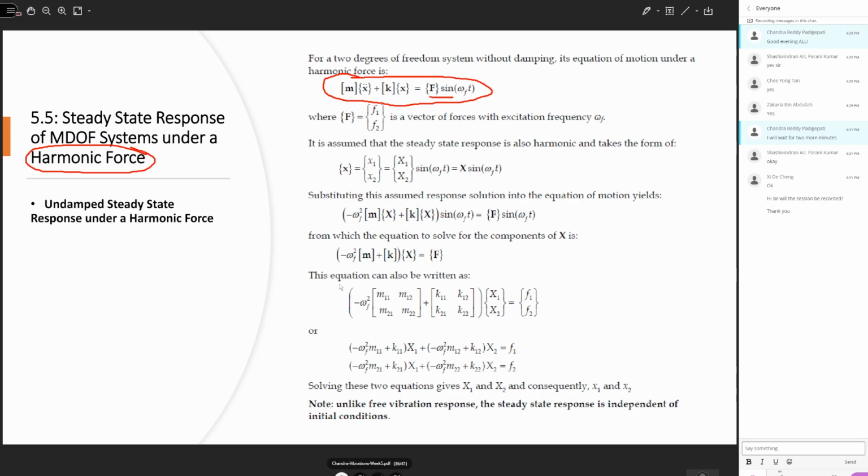We consider the external force acting on the 2-degree freedom system, again in matrix format. The force matrix you can write as a column matrix, F1 and F2, multiplied by sine omega t. There will be 2 frequencies for omega also.